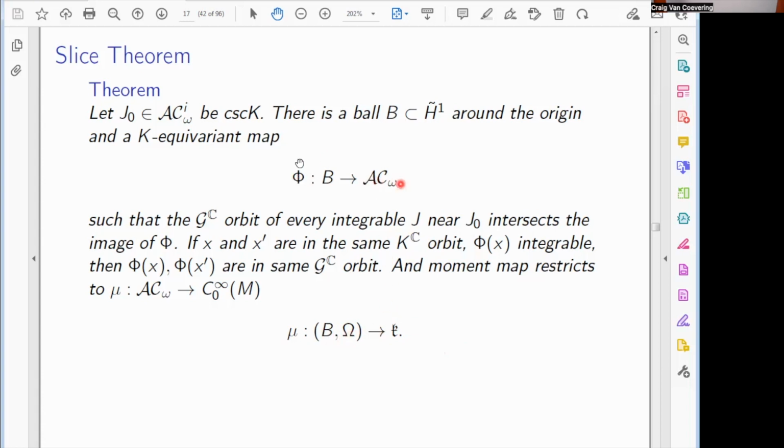So just restricted to this slice, the moment map has values in the Lie algebra of the isometry group of J.